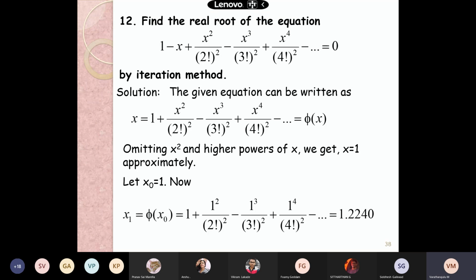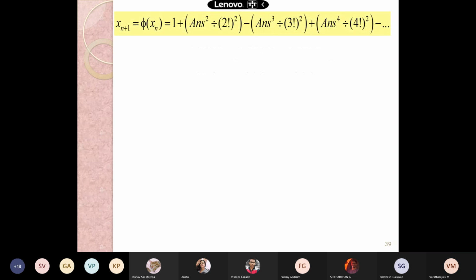Yes, that I have written here. That is 1.2240. Now again, you give equal to 1.3275. Very good.